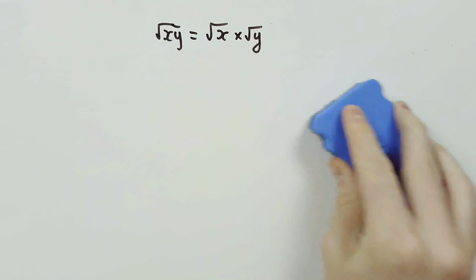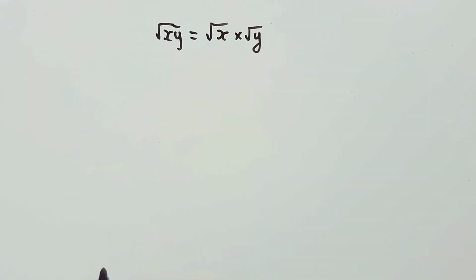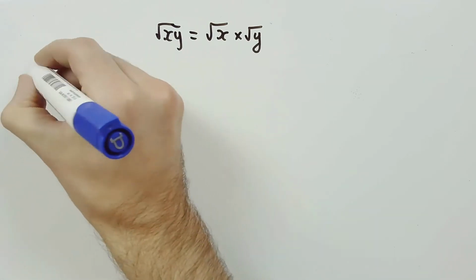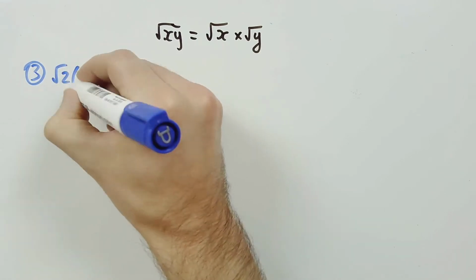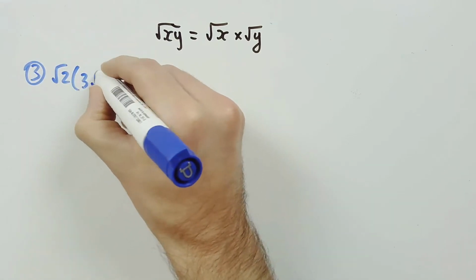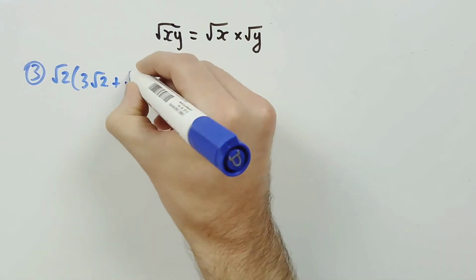So you'll see you'll end up with a few common surds, and once you know what to do for each of those, breaking it down into the integer squares, it gets a lot more straightforward to simplify. So next question, question 3, is root 2 all outside of 3 root 2 plus root 3.